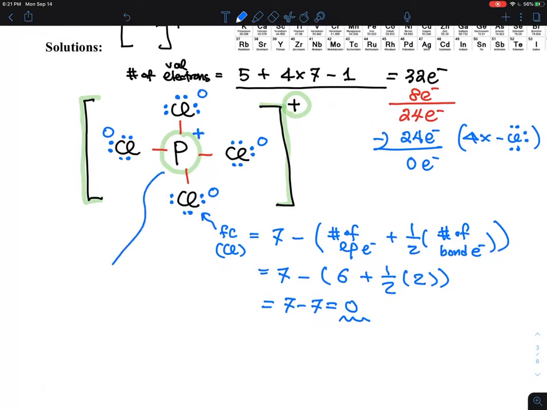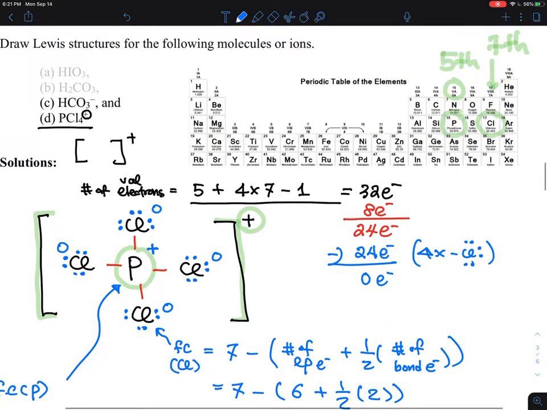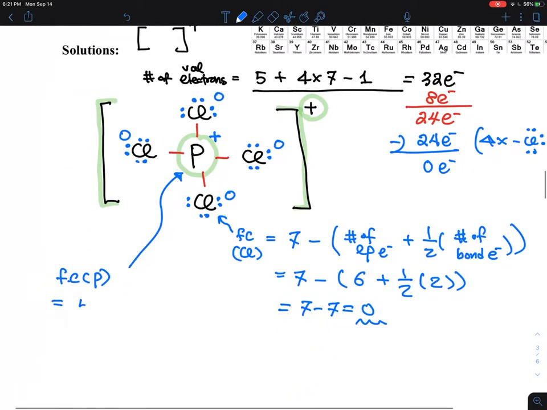But to make sure that we are on the same page, I can use the same formal charge equation for phosphorus. Phosphorus is in the fifth column, so 5 is the number of valence electrons for neutral phosphorus.